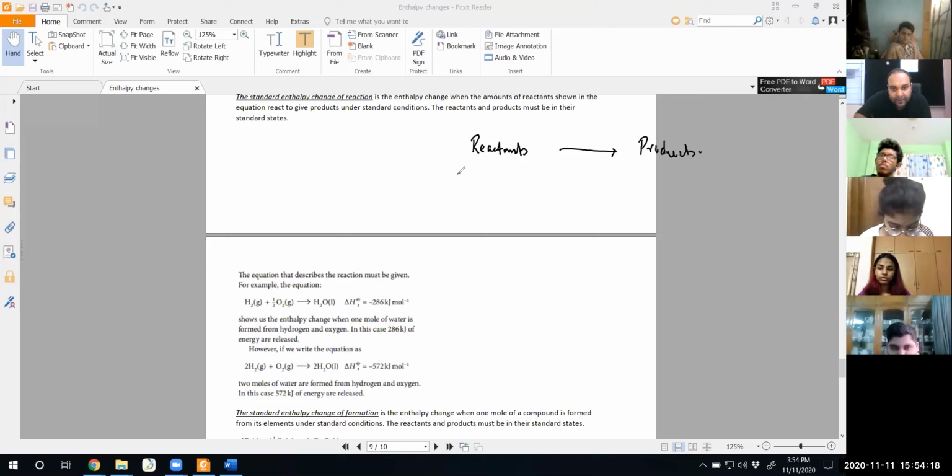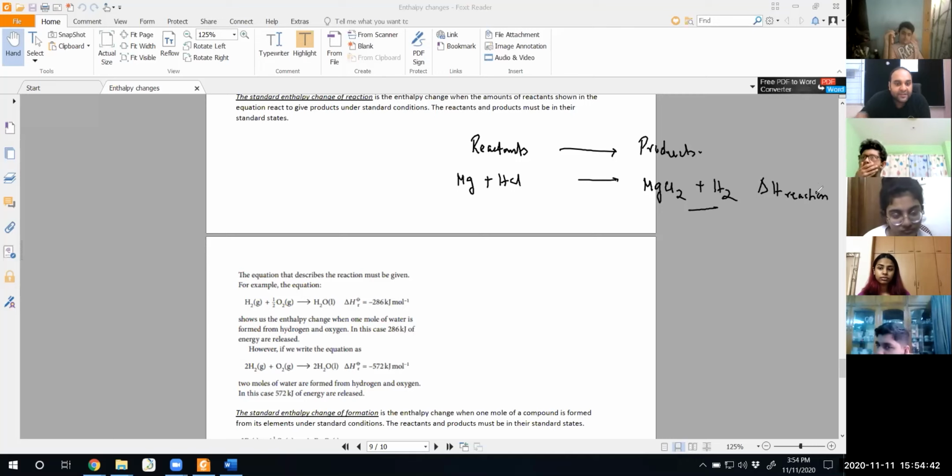For example, magnesium plus hydrochloric acid reacts to give us magnesium chloride plus hydrogen. What is happening here? The reactants are reacting to give us products. There's an energy change. This energy change is enthalpy of reaction. Simple. This is the most simple definition.